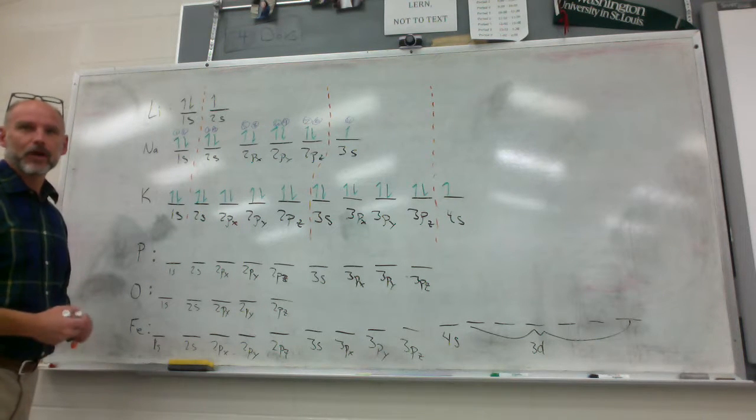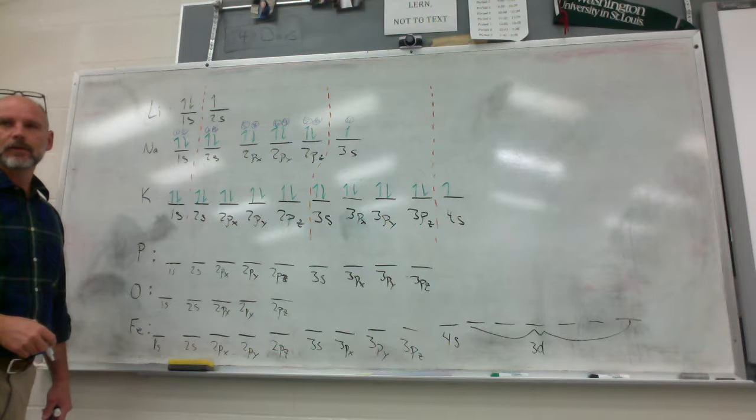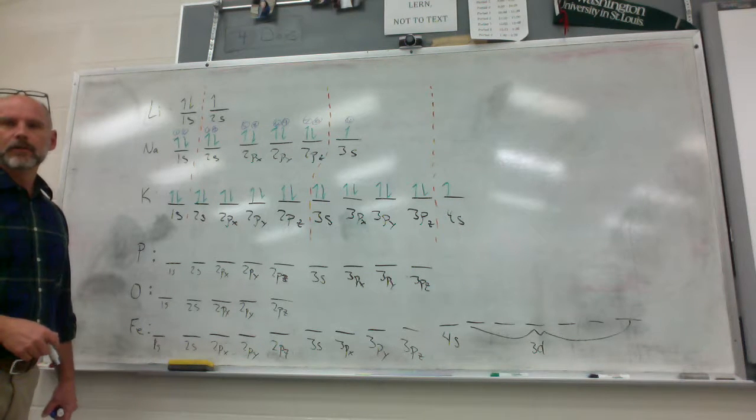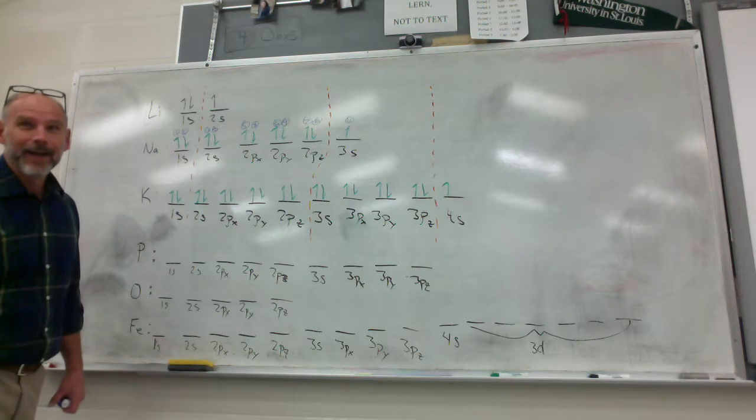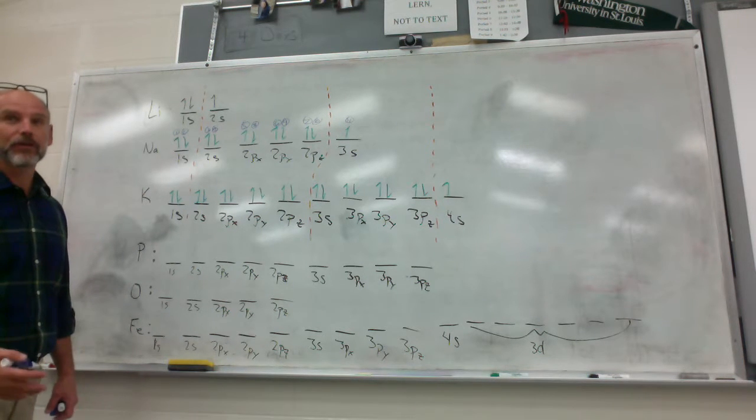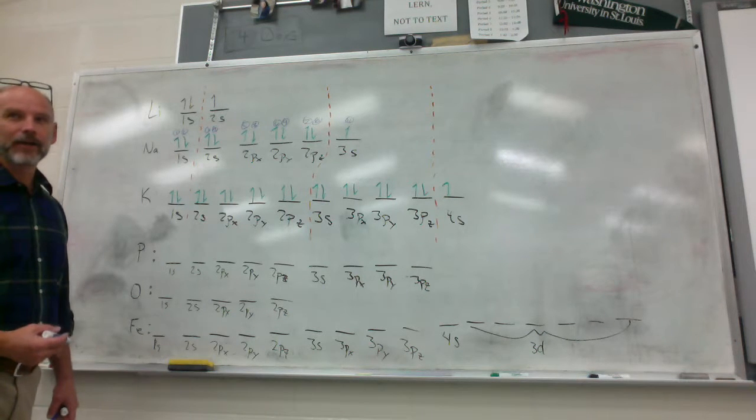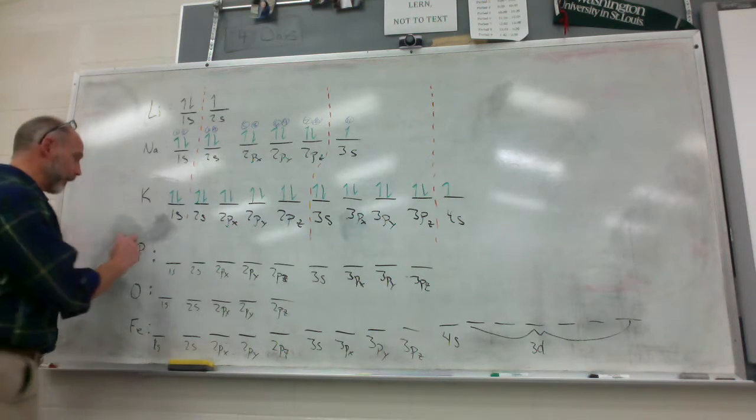Kaylee, phosphorus, how many electrons? Isn't it like 15 squared times 2? It is 15 electrons. Just say 15. Kayla, hit her when she gets 15 electrons. I know you're excited about this. Okay, here we go.